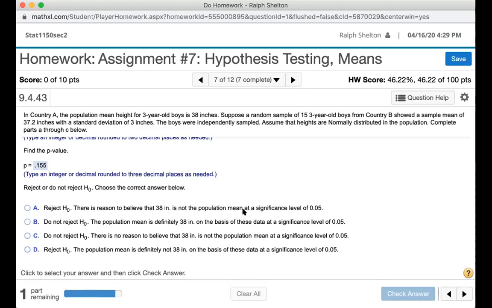I think we reject. Okay, we do not reject. Oh, do not. Okay. The reason we don't, you can look at it 2 different ways, okay? If we just look at the p-value, to reject, the p-value has to be smaller than the significance level, okay? And the significance level is 0.05. We tested at the 0.05 significance level.